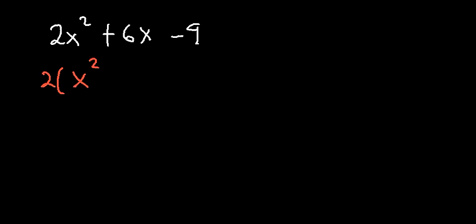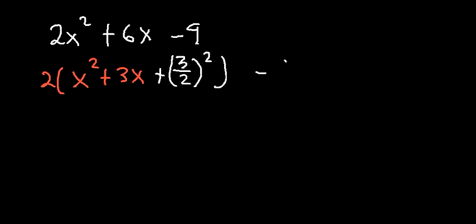So let's try this one. 2x squared plus 6x minus 9. So first we need to factor out a 2. So we'll be left with x squared plus 3x. And half of 3 is 3 over 2, and we're going to square it. And then we have minus 9. So we've added 3 over 2 squared. So I'm going to take away 3 over 2 squared. But notice that the 3 over 2 squared is distributed by this 2.